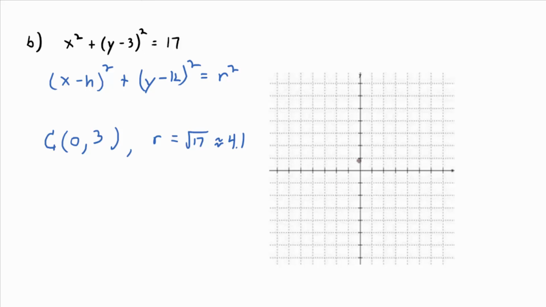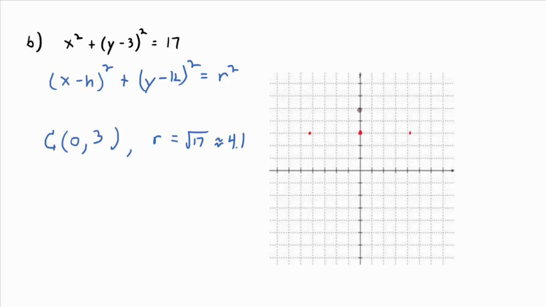Okay, so 0, 3: 1, 2, 3 right there. Left, right, up, down, a hair bigger than 4, right? So 1, 2, 3, 4, a little bit more. A little bit more than 4. Probably too much on that second one, but close enough.